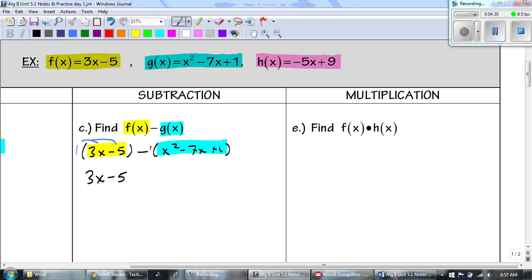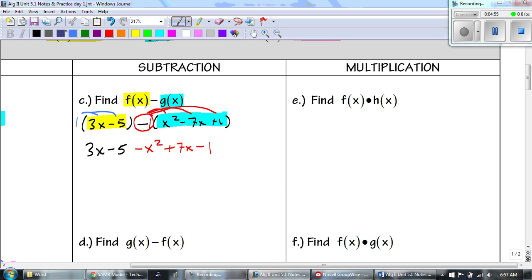However, in the back now, I have a negative 1. And when I distribute a negative 1, yes, things change. Okay? Negative 1 times x squared is negative x squared. Negative 1 times negative 7x is a positive 7x. Negative 1 times positive 1 is a negative 1.